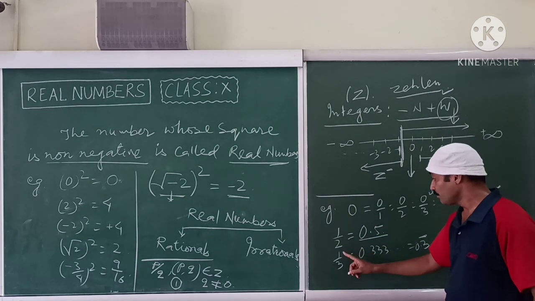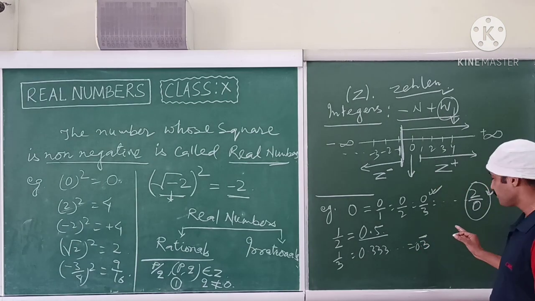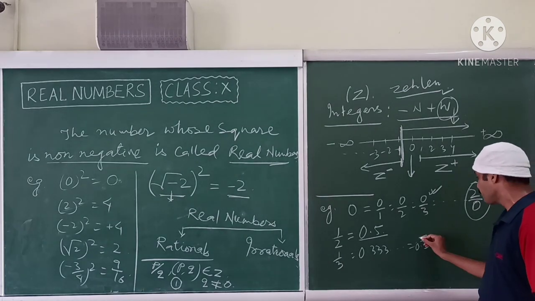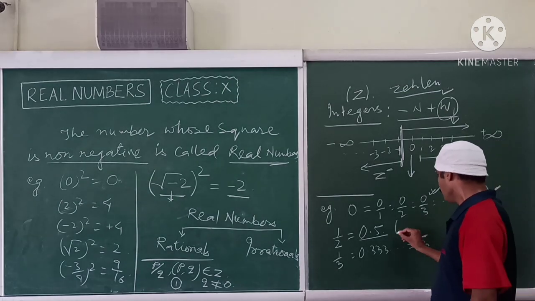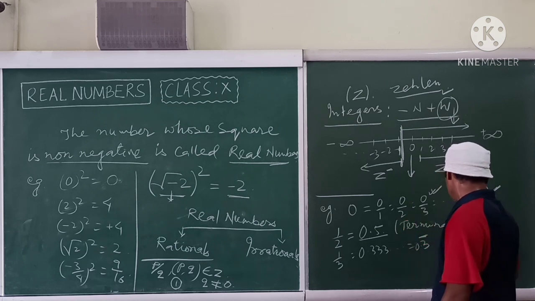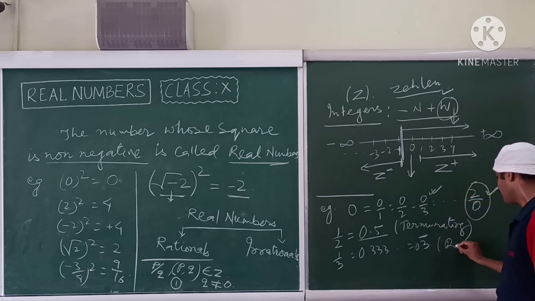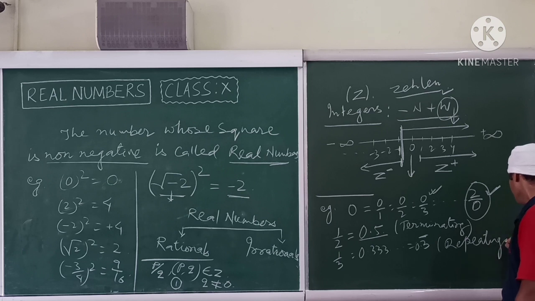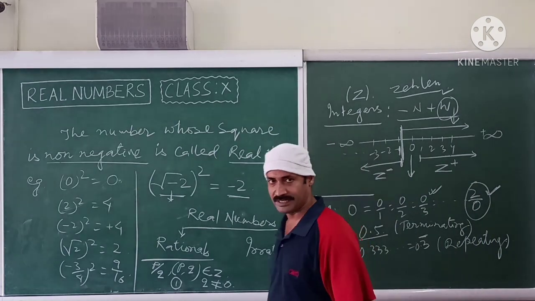But if we divide 1 by 3, the 3 comes up to infinite times, meaning 0.3 is repeating. So the two types are terminating decimals and repeating decimals.